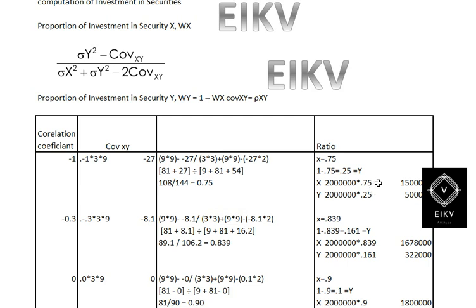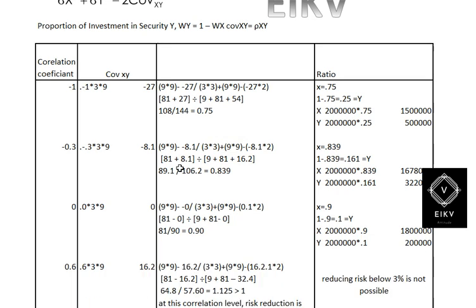Therefore the proportion would be 20 lakh into 0.75, which is 15 lakh, and 20 lakh into 0.25, which is 5 lakh. If the correlation coefficient is -0.3, then the covariance of XY would be -0.3 into 3 into 9, which is -8.1.